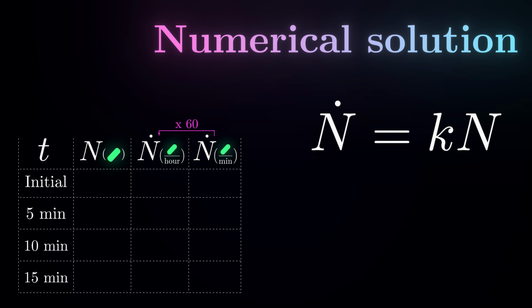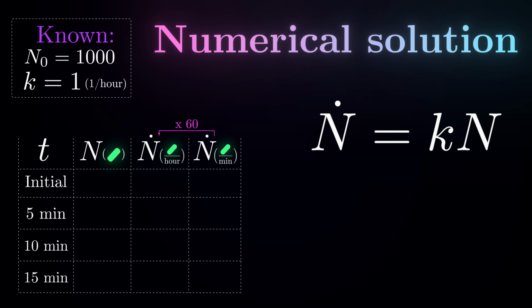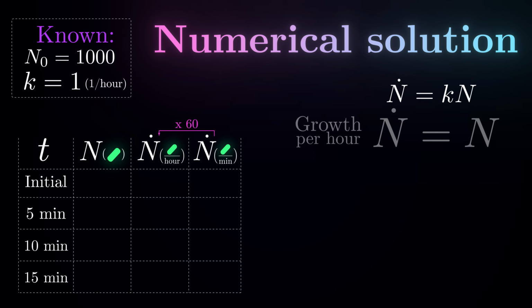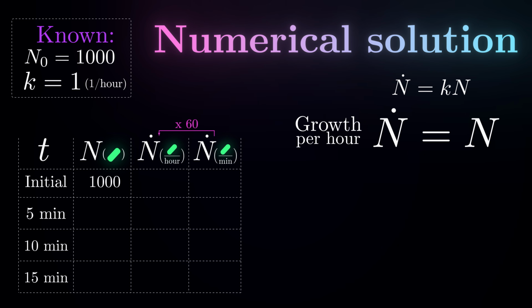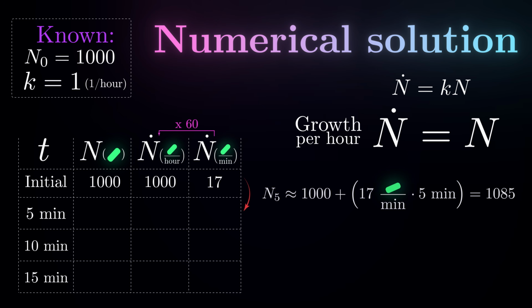Suppose we start with 1,000 bacteria, and we know that k equals 1 when time is measured in hours. This means that our rate of change equation becomes the following. So, when we have 1,000 bacteria, they are multiplying at a rate of 1,000 bacteria per hour, or about 17 every minute. After 5 minutes, we estimate the population size to become 1,085 bacteria instead.